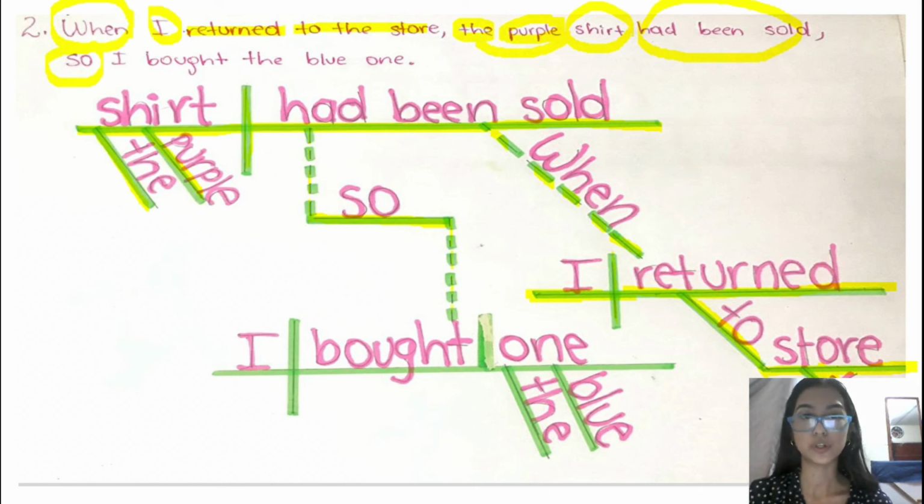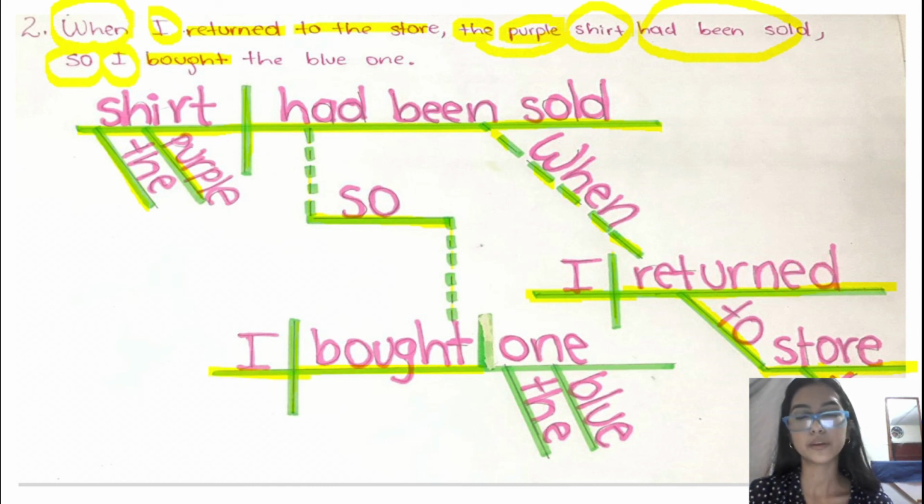So is going to join the verb of the first independent clause and the verb of the other independent clause, and we are going to write it here on a horizontal line. Then to separate the subject from the verb, we are going to write a straight line here. We are going to look for the subject, and the subject is I, so we are going to write it here on a horizontal line.